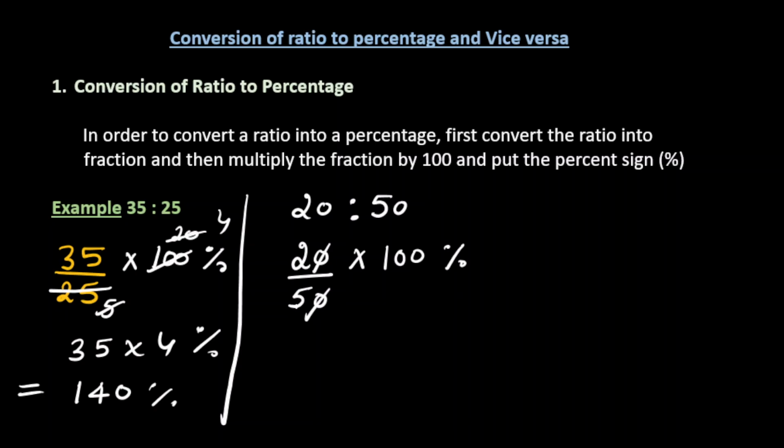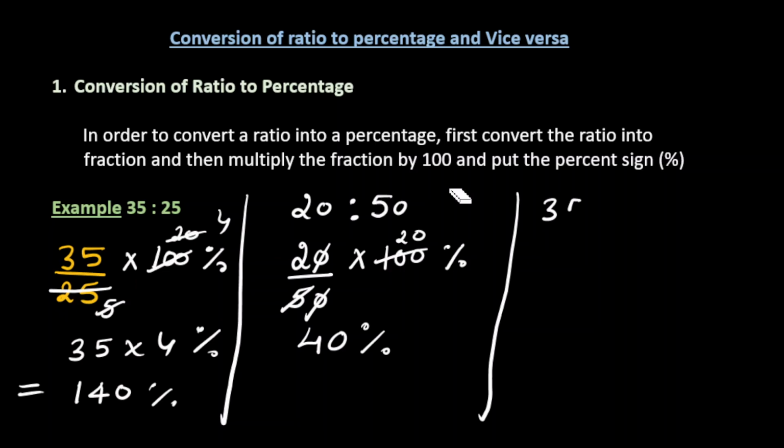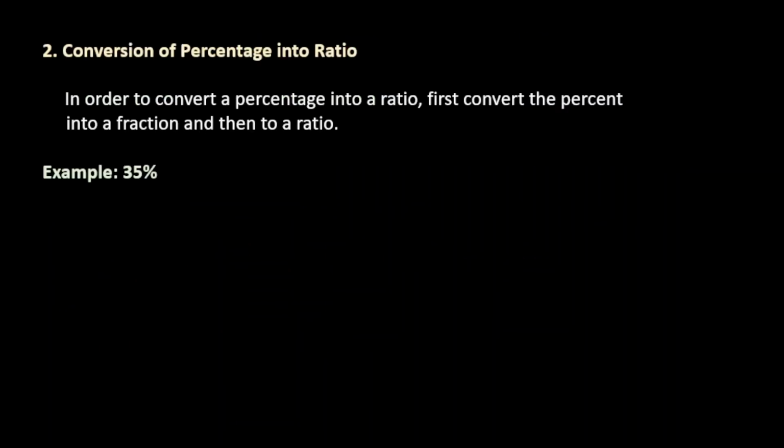So 10 and 10 will get cancelled. 5 into 1, 5 into 20. So 2 into 2 is 4. So this is 40%. One question for your practice. Let's say 26 is to 80. You can solve this and post your answer. What's the percentage you are getting?